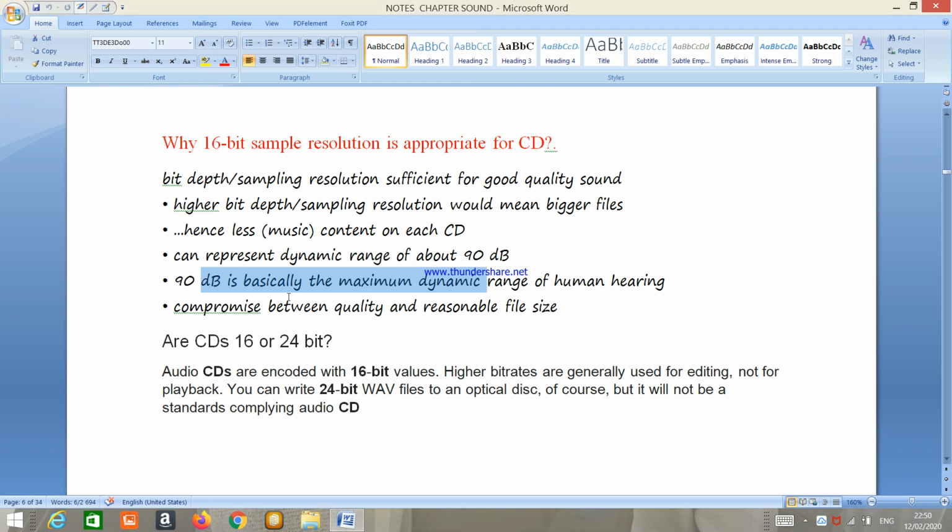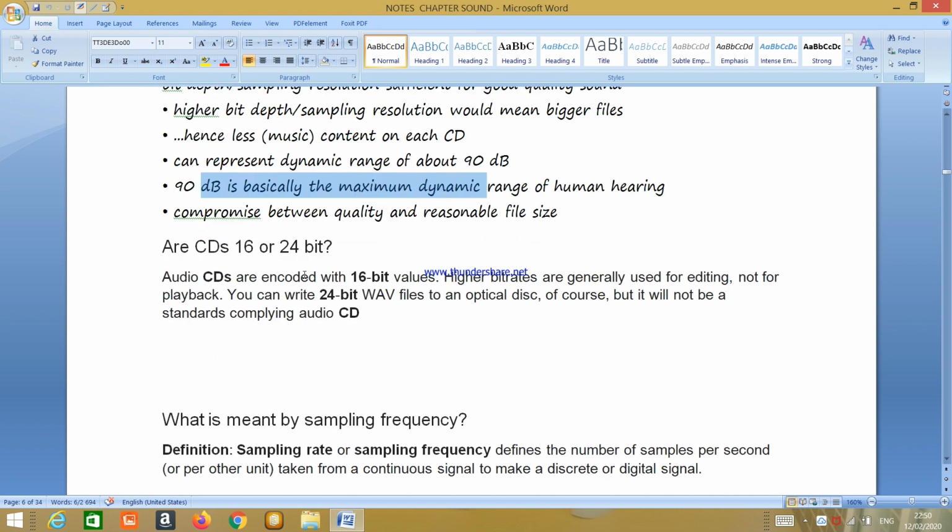The quality is reasonable enough for the human ear, and the file size is reasonable. So CDs normally come with 16-bit or 24 bits of sample resolution, meaning the encoding scheme.